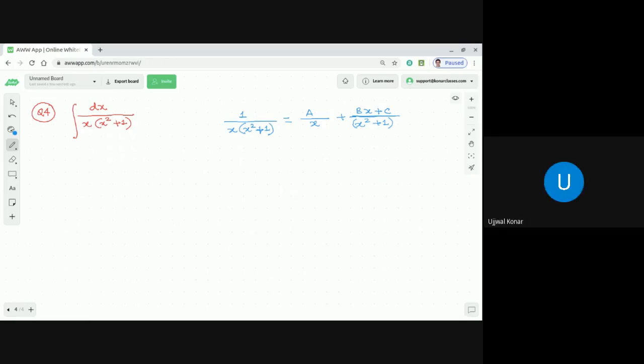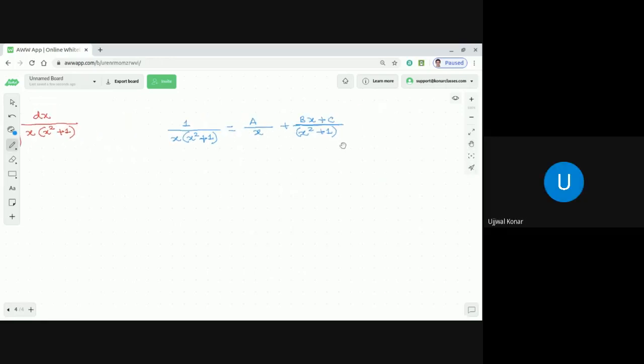Okay. So let me repeat once more. When you have the denominator a quadratic expression, in the numerator you should write a linear expression. Now a is already chosen, so I choose the other two constants as b and c. Correct, no, dear students? So what we see is that here a, b and c belong to the set of real numbers.